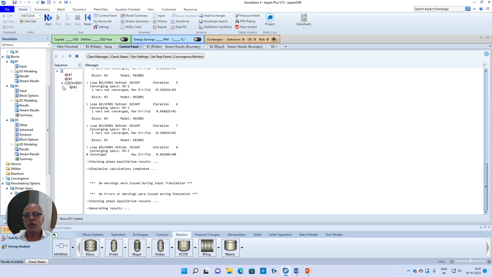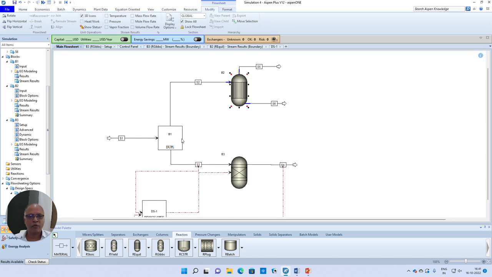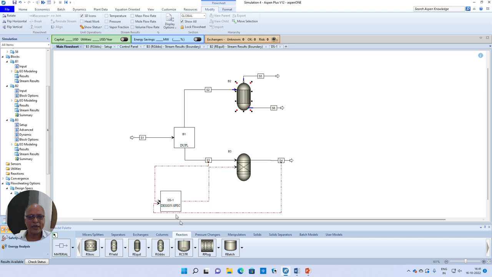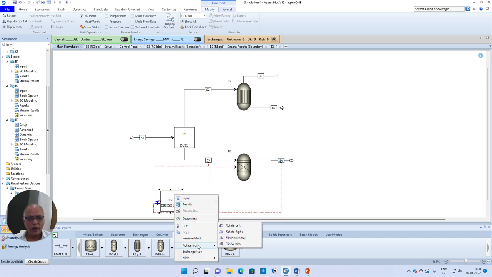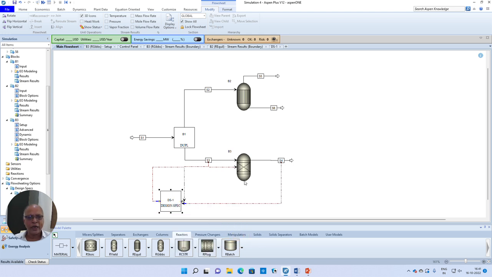Now you can see only block V3, you can see the flow sheet. So this design spec was operating only on the third block, which is the Gibbs reactor model. As you can see from this, we are reading the value of FMR, the molar flow rate of C3H8, and we are assuming some temperature like 200 to start with.